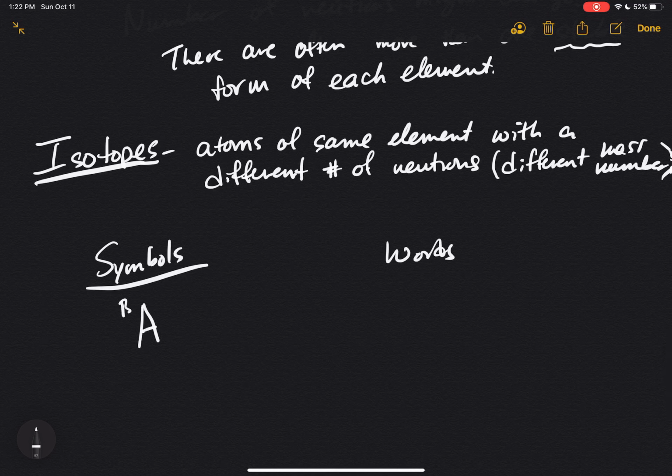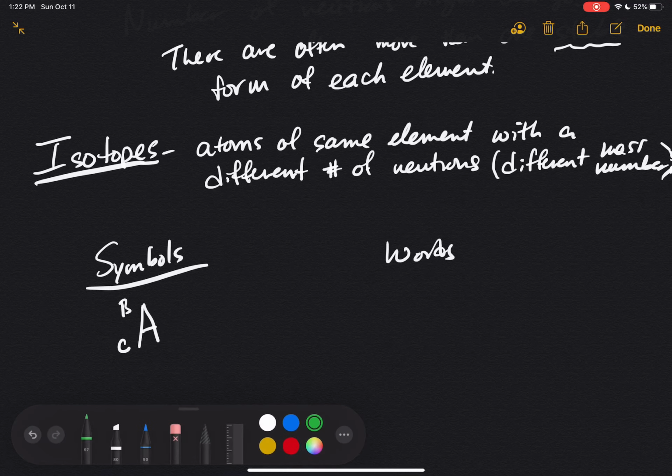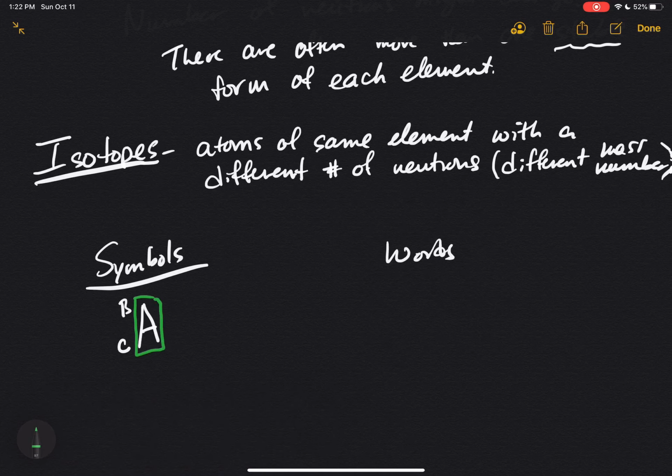A, B, C. This A is the symbol for the element. This B is going to be my mass number. And this C is going to be my atomic number.